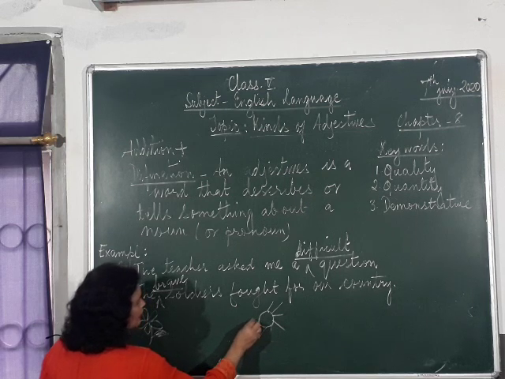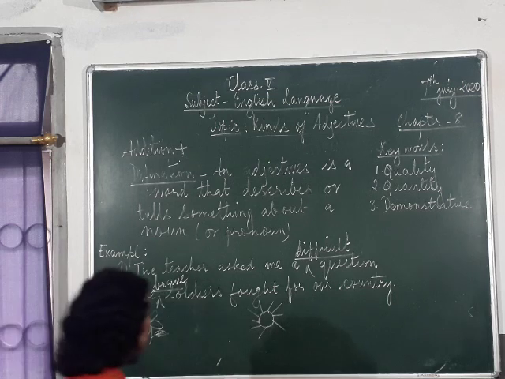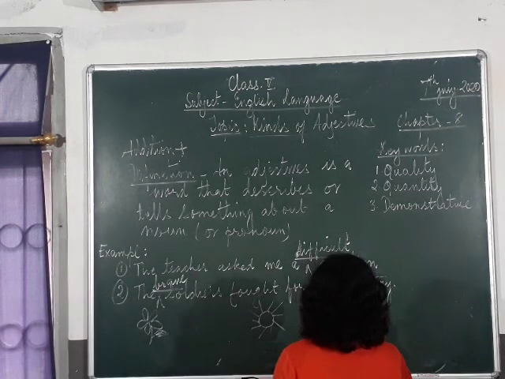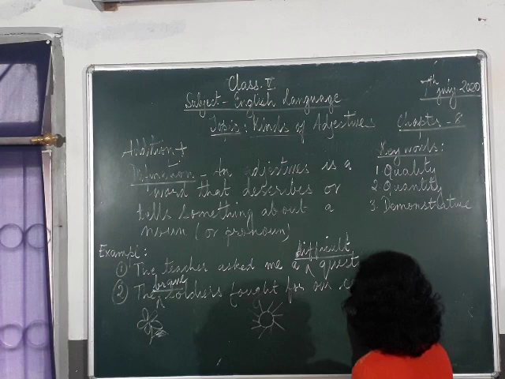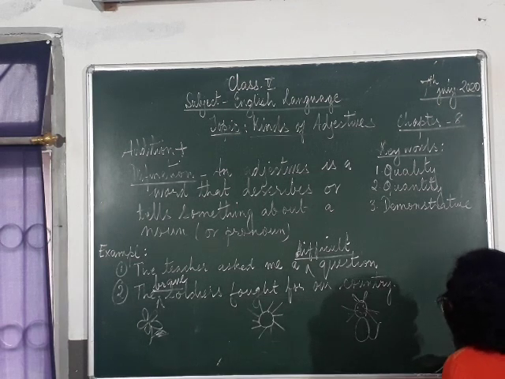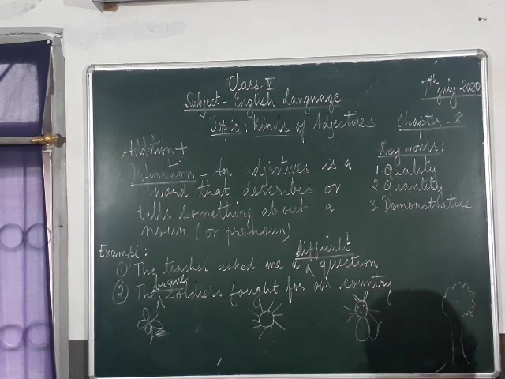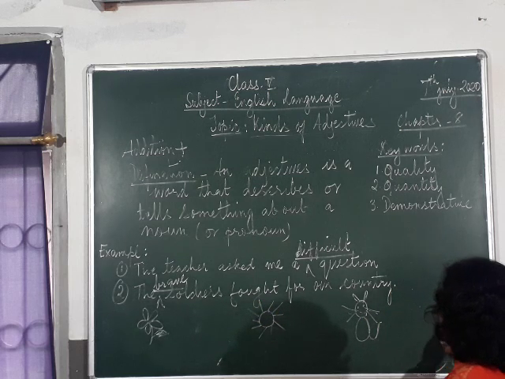And then another one I'm going to draw for you. This is a cat, right? This is a tree. From the picture we can say these are nouns: flower, sun, cat and tree.